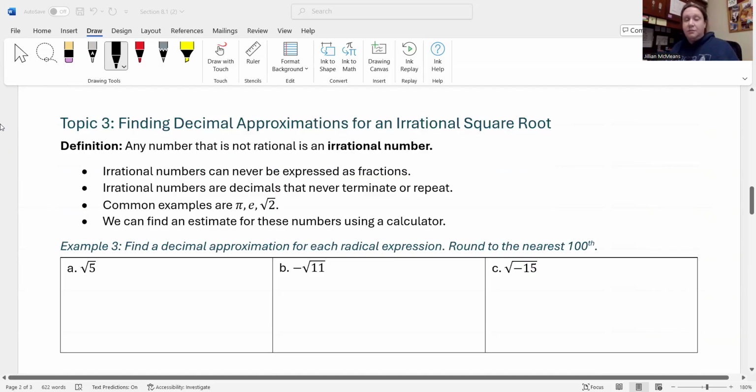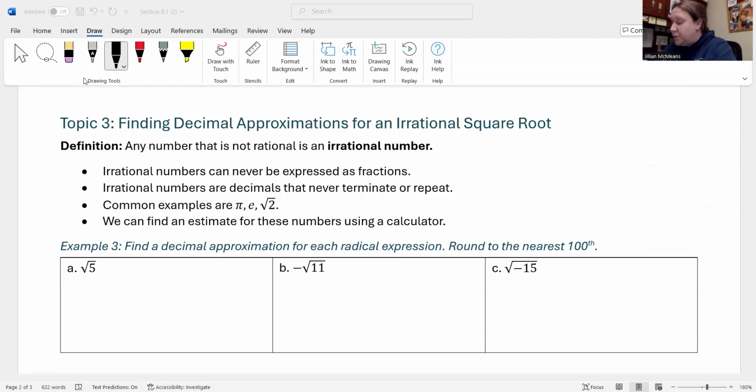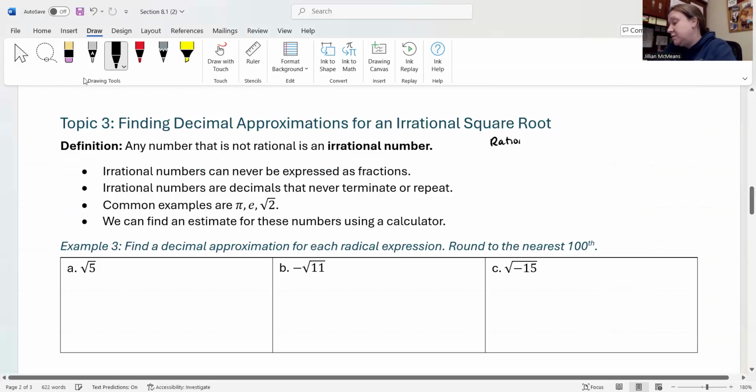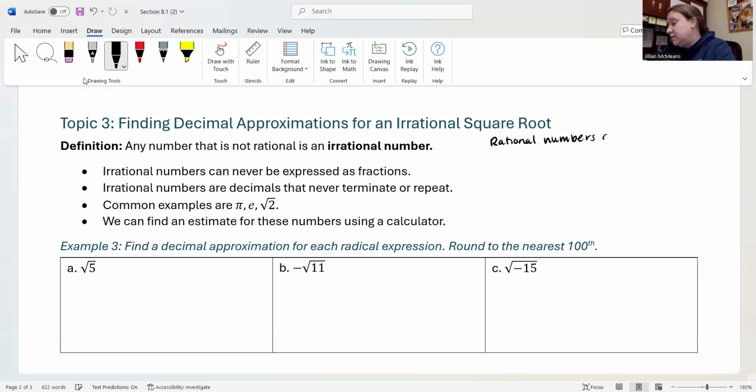So the definition that you need to know is any number that is not rational is irrational. So let's remind ourselves, rational numbers can be written in fraction form. Okay, so a rational number can always be written as a fraction.